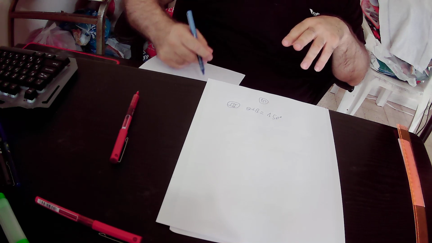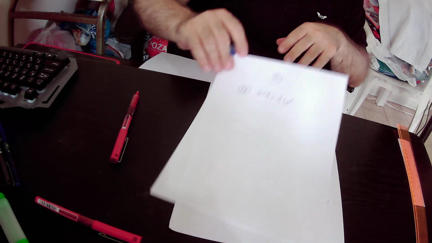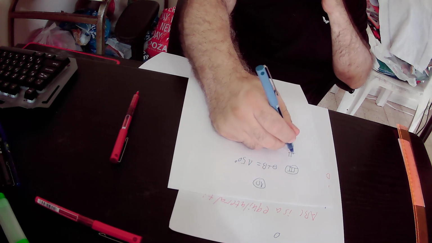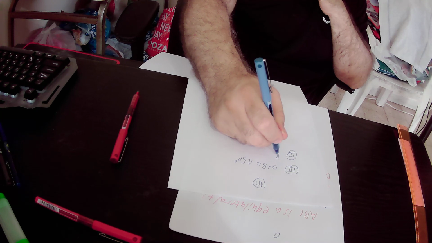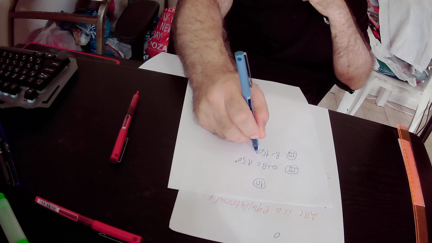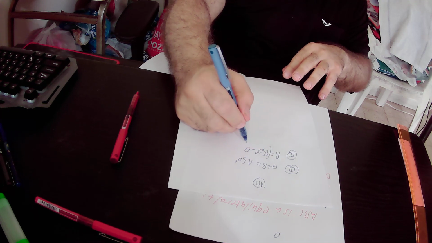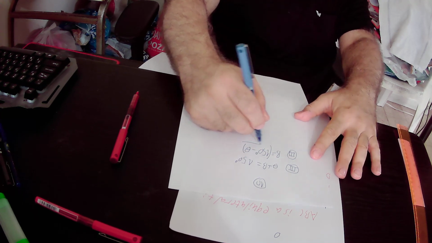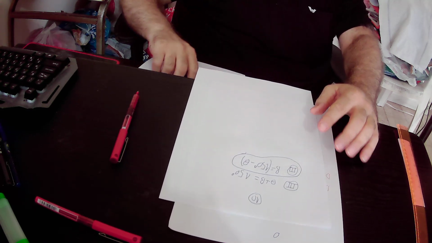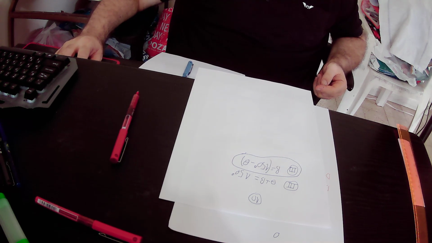Now we subtract theta from this equation, and we will get that beta equals 150 degrees minus theta.